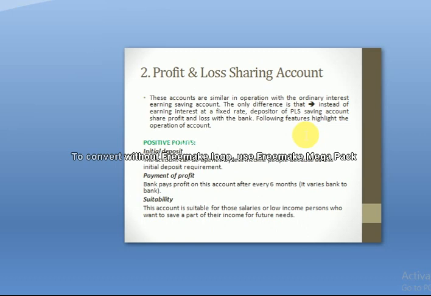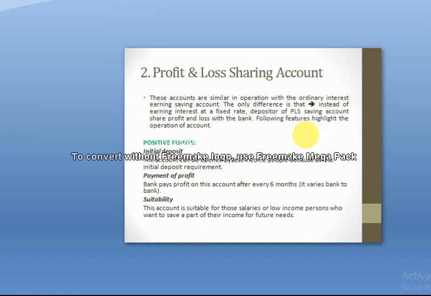Mostly P&L saving accounts were introduced in the 20th century, after the 1950s. The aim of this account is to mobilize the savings of people who do not want to earn interest, but desire to be sharers in the profit and loss with the bank.